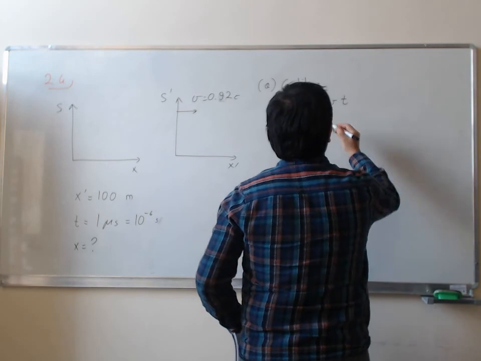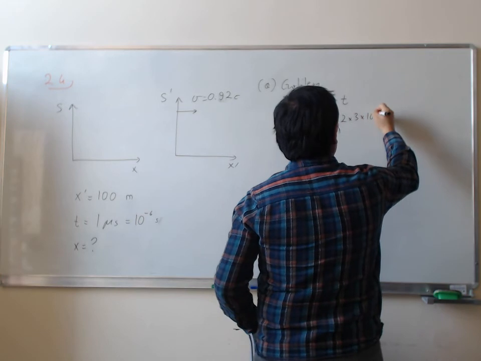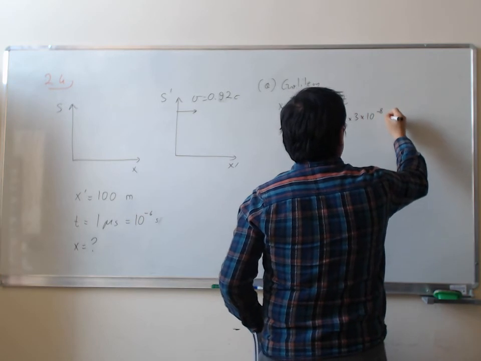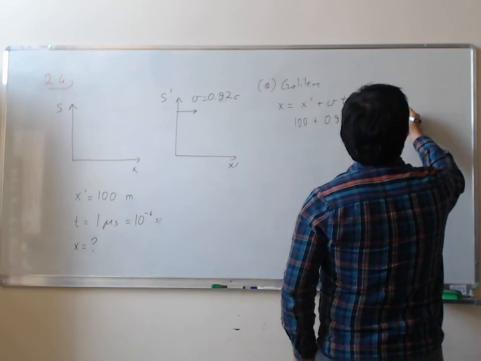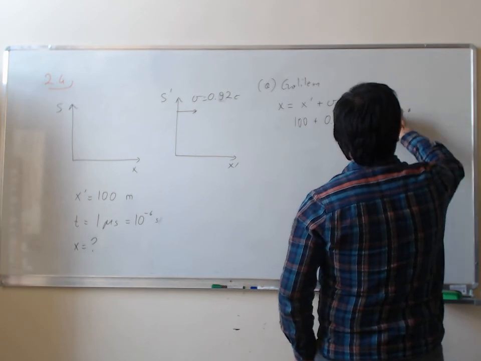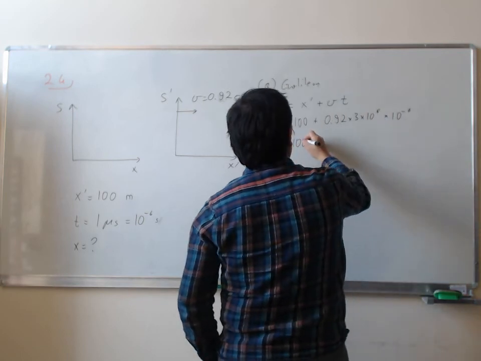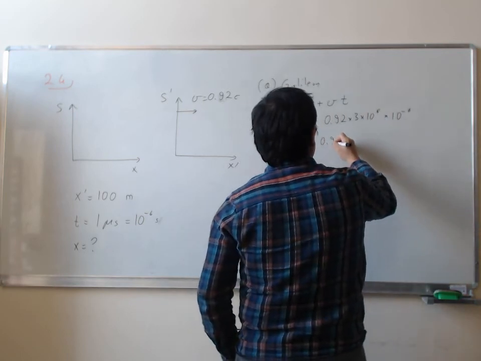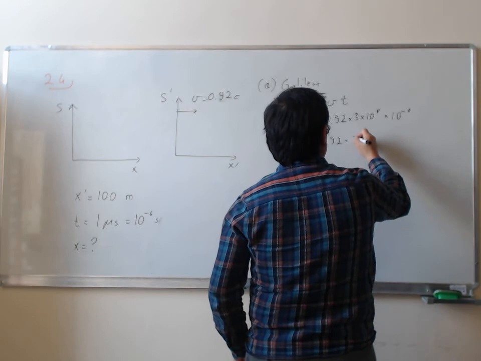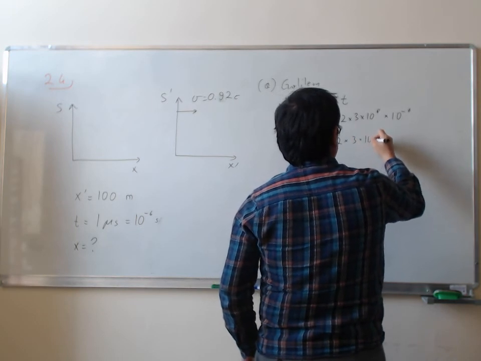So this is 0.92 times 3 times 10 to the 8, sorry, 10 to the minus 6. This is going to be 100 plus 0.92 times 3 times 100.